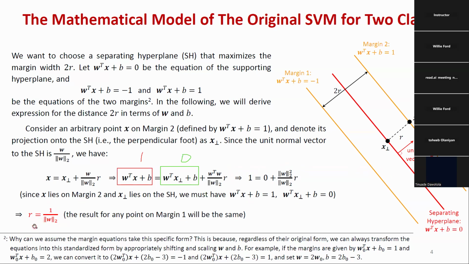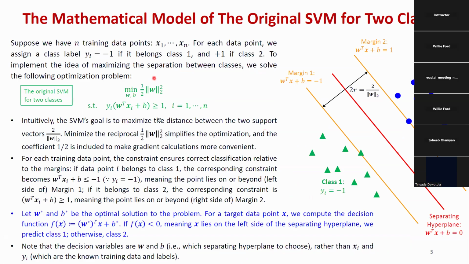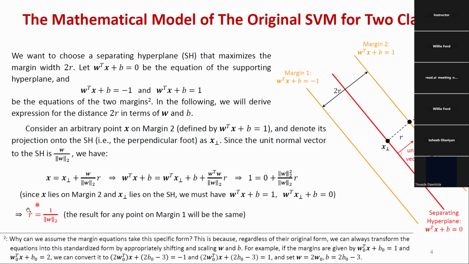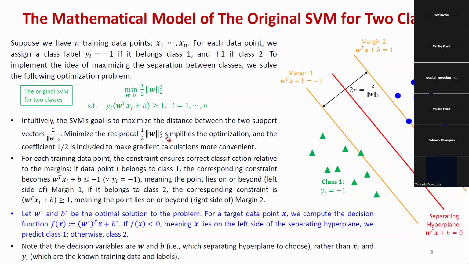And what we want to do is to find a W which maximizes R. So that's the idea of the original, be careful, I'm saying original or hard margin SVM. Here we go. So we want to maximize the whole thing. So it's equivalent to what? To minimize the reciprocal.